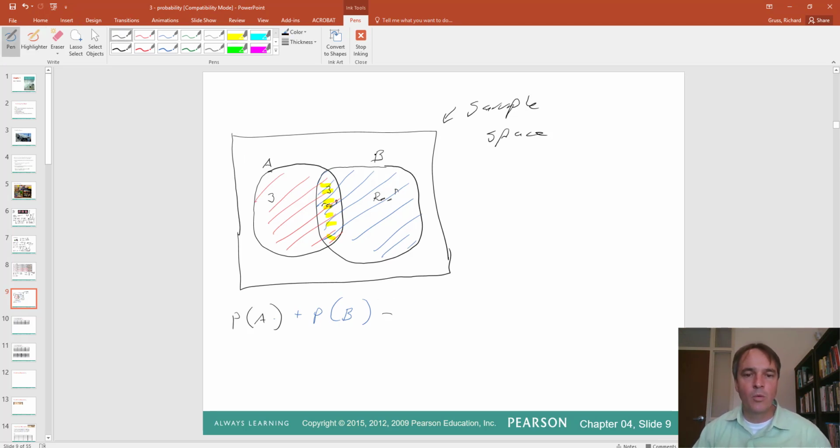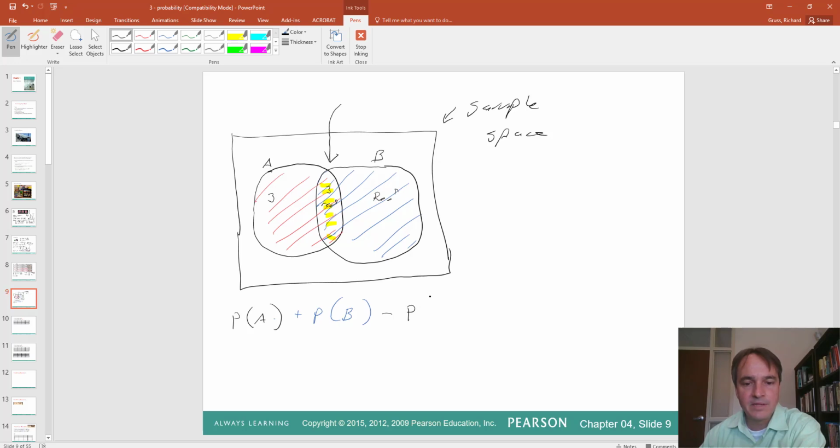Okay, and so what is this? Well, these are the outcomes that include 3's, cards that are 3's and red. So what we have to do is just take out those.